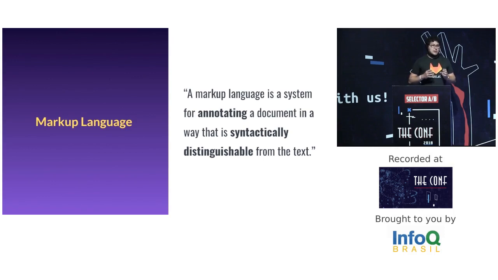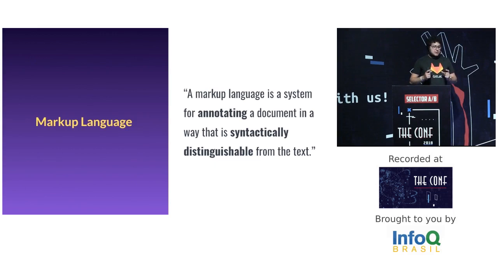This is again a formal definition. What it's actually trying to tell you is that you should be able to annotate your text content with something that you can distinguish from the actual text, and you can add meaning to that thing. For example, take a markup that everybody knows and understands, HTML.